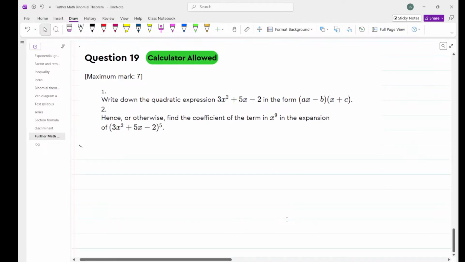Write down the quadratic expression in the form. Okay, so 2 factors of minus 6, right? So 3x, 6.